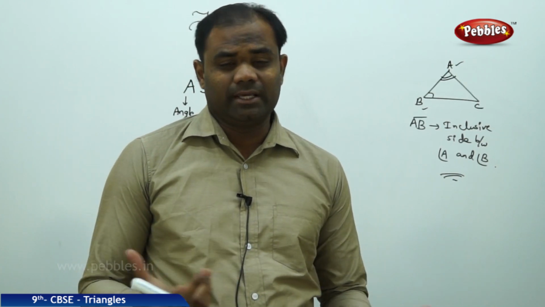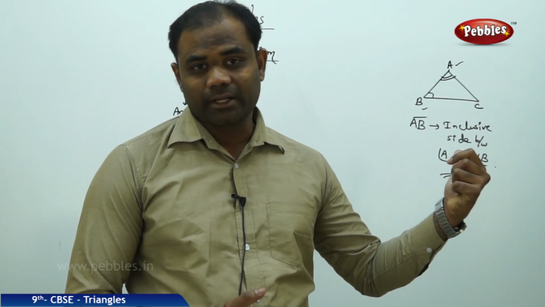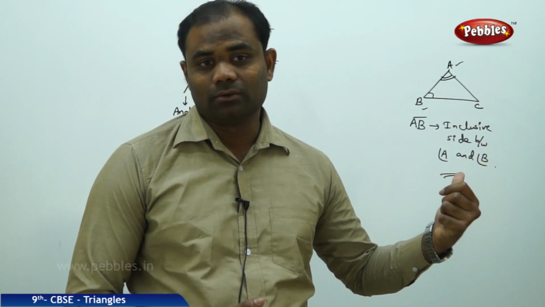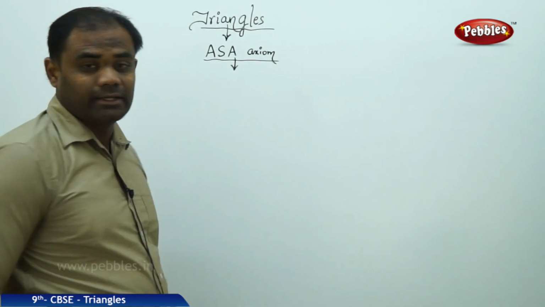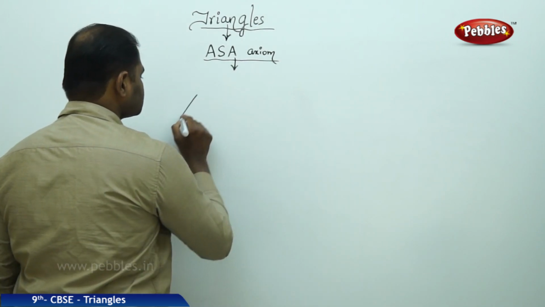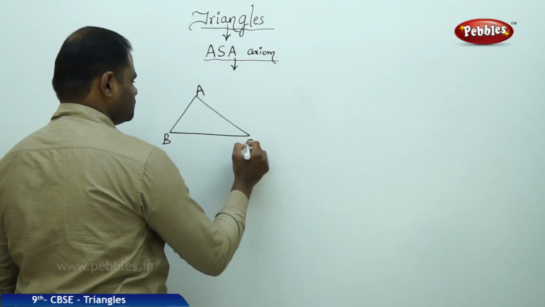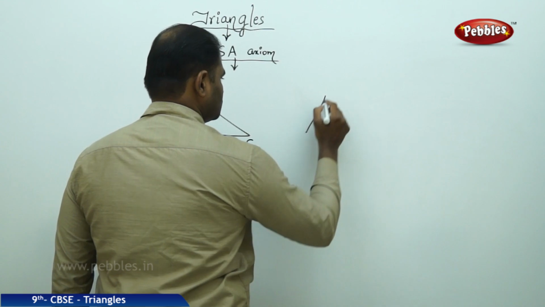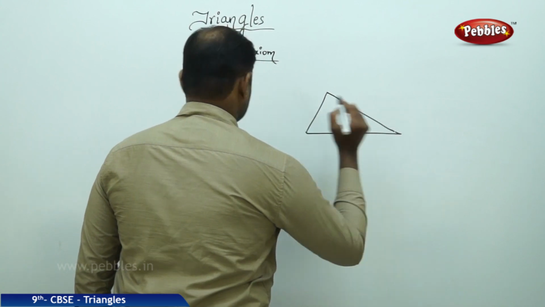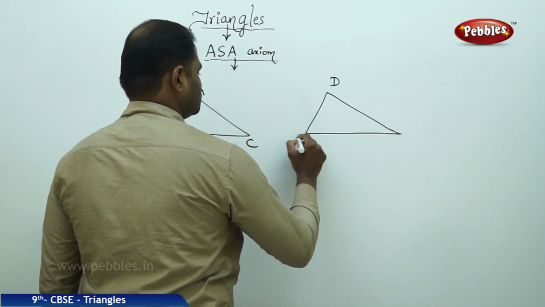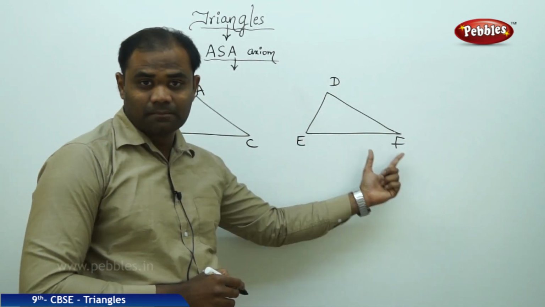So what does ASA axiom define? Let's see in brief through the two triangles connected with ASA rule. So let's take two triangles, triangle ABC and triangle DEF.